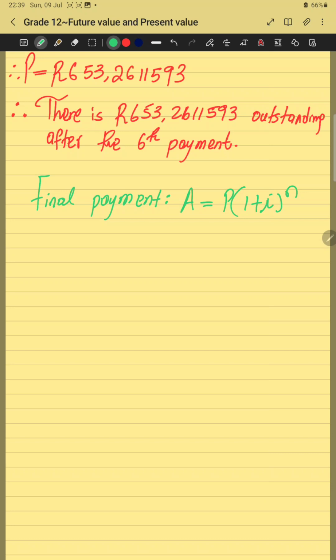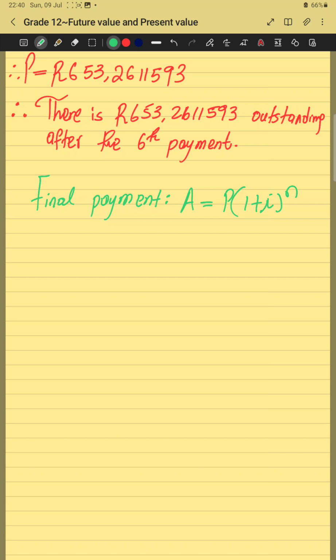Okay, and then here what is going to happen is that because we've got that sixth payment, that means we also want to add that 1 month interest. Okay, that 1 month interest.